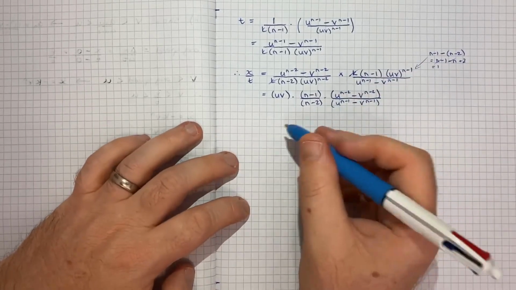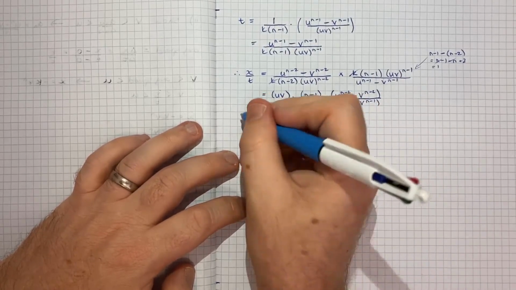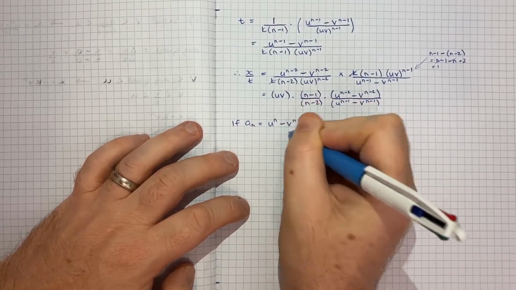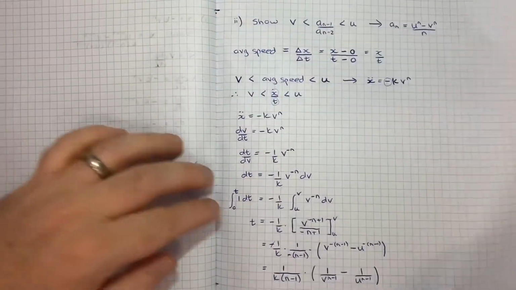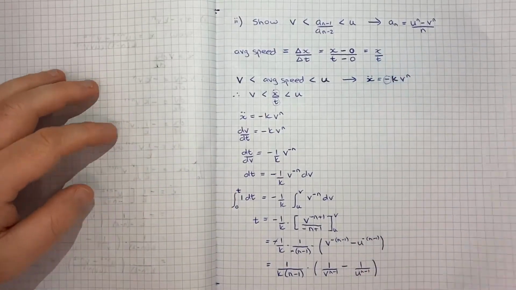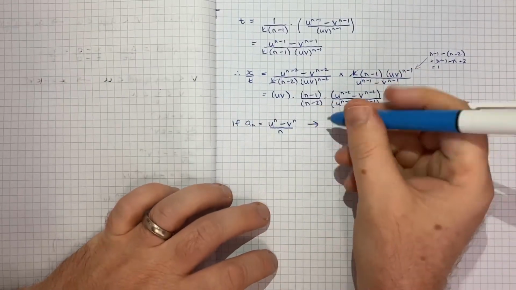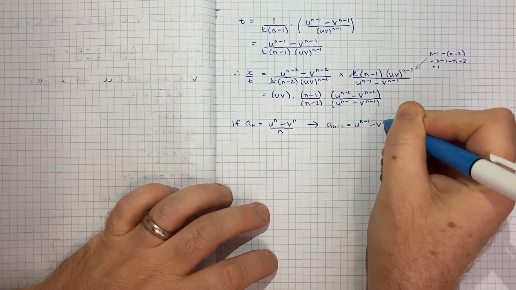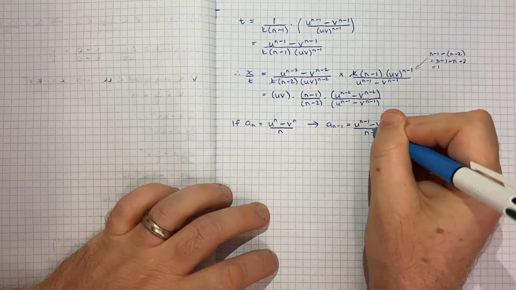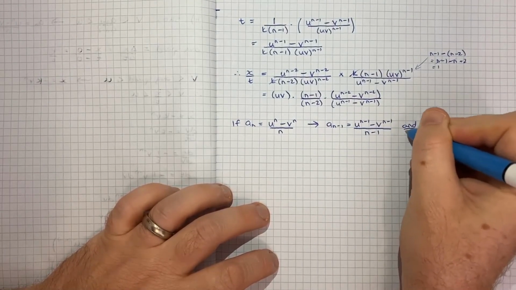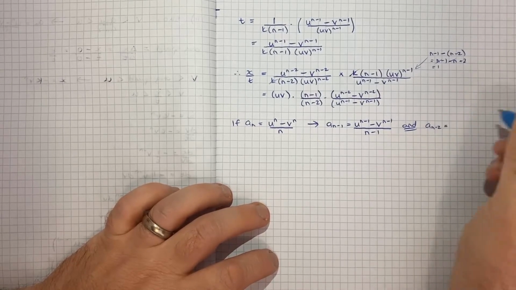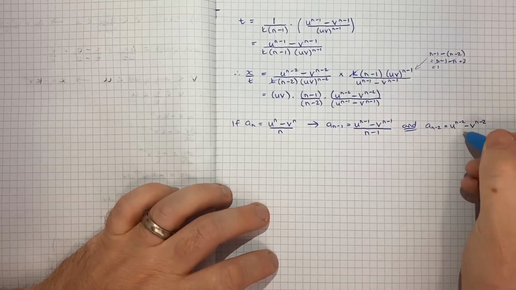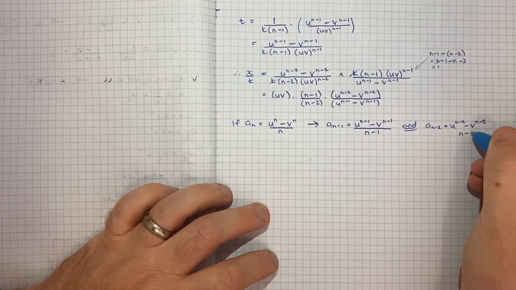Now if I think about what our a_n is defined as, if a_n is u^n minus v^n on n, which is what we were told, then that would mean a_{n-1} would be u^{n-1} minus v^{n-1} on n minus 1. And a_{n-2} would be u^{n-2} minus v^{n-2}, all divided by n minus 2.